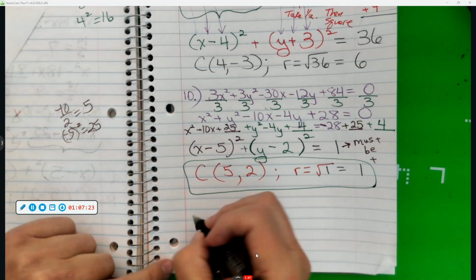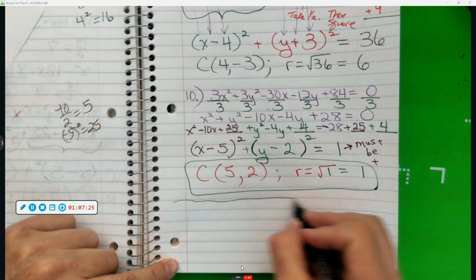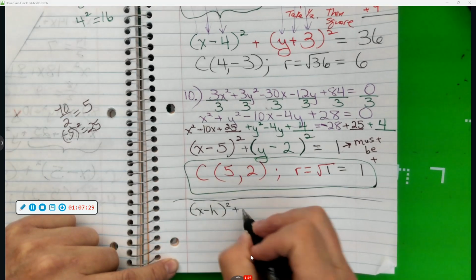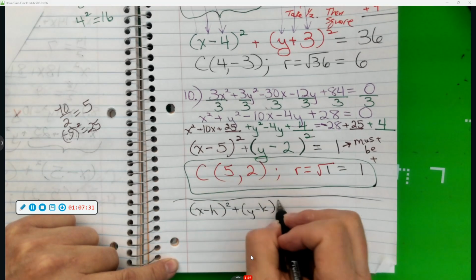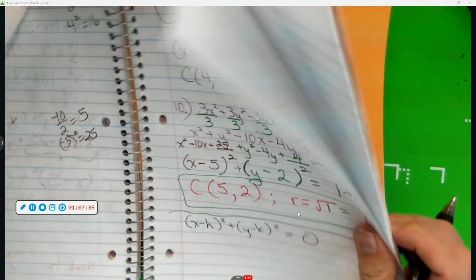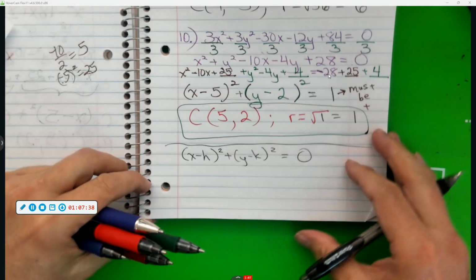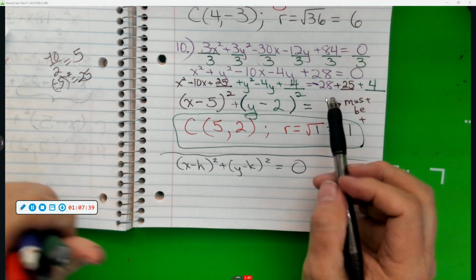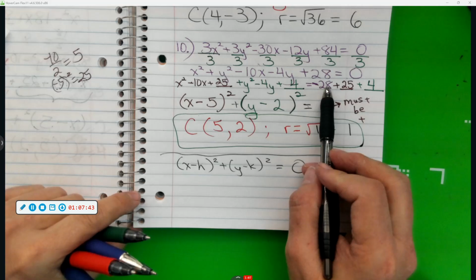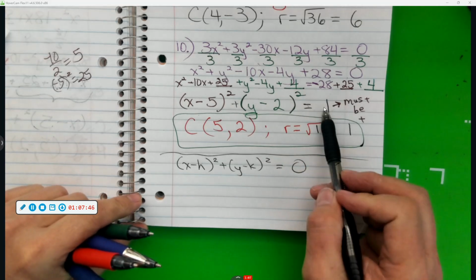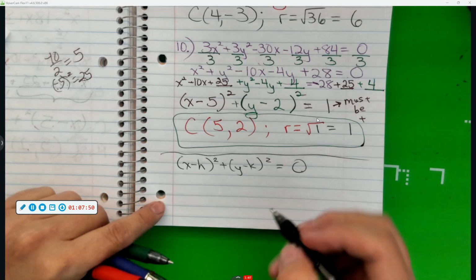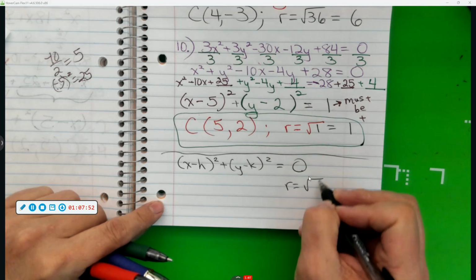Suppose you had x minus h quantity squared plus y minus k quantity squared equals 0. Suppose you went through the process, and that could have happened. Suppose this, instead of being a negative 28, had been a negative 29, plus 29, we would have gotten a 0 there. When you tried to take the square root of that number, what would you get?